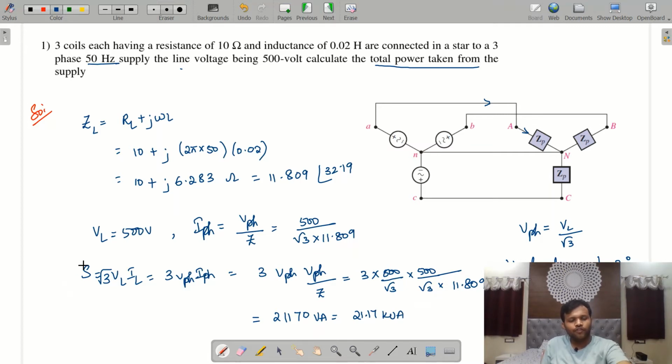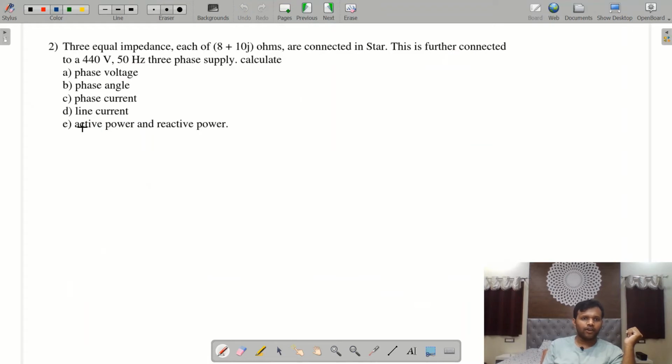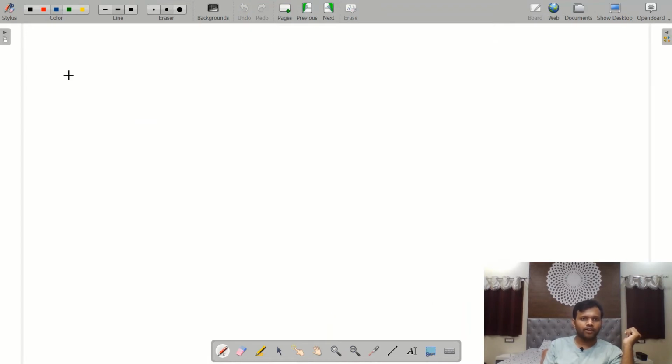Once we have found the apparent power, easily we can find the value of the active power. Active power, denoted with P, is S into cos phi.